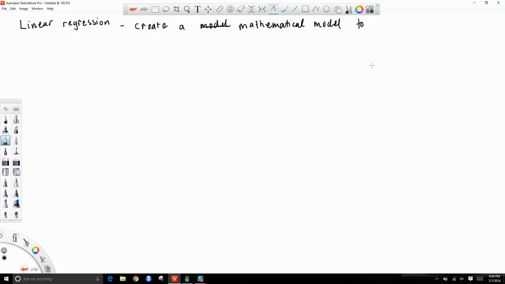To illustrate the relationship between two numeric variables, we're going to create basically an equation.